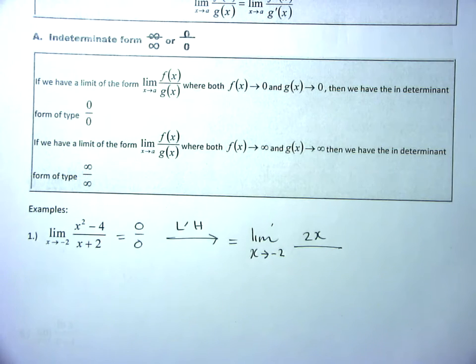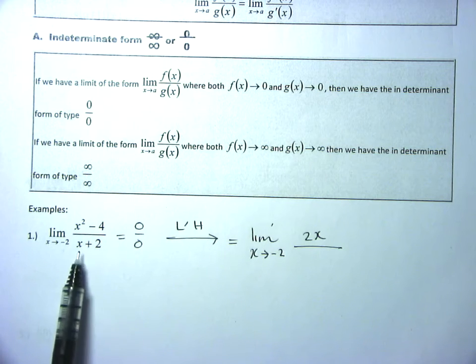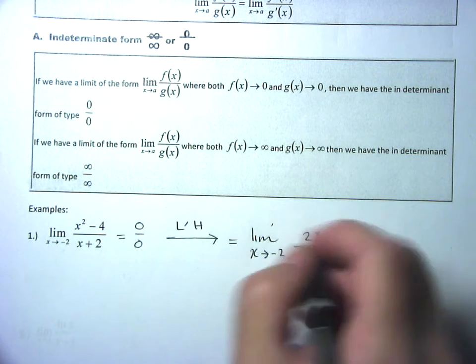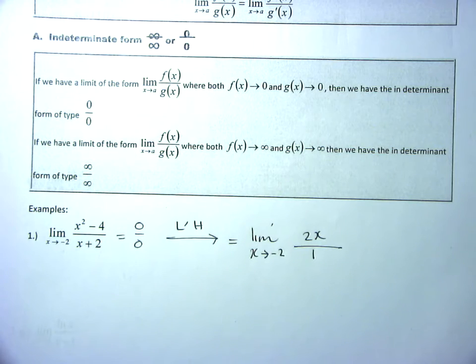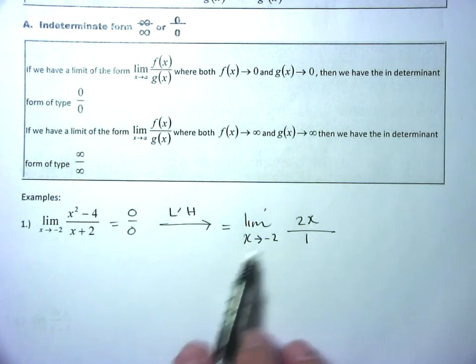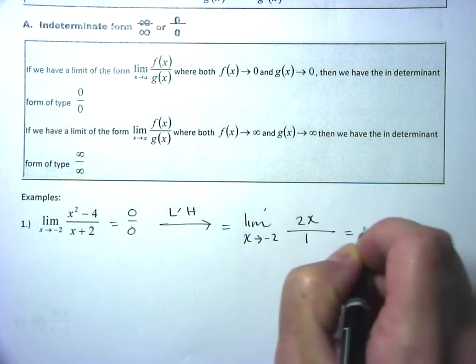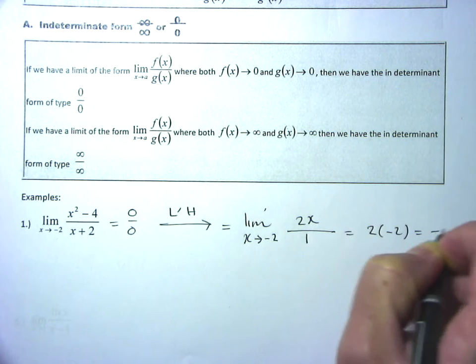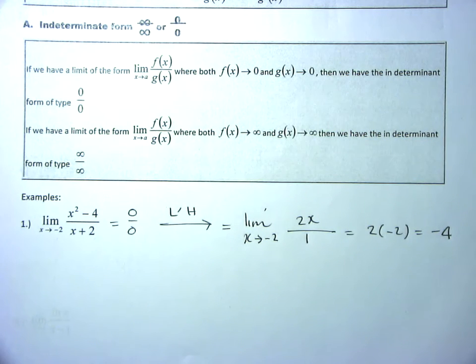It is equal to 2x, divided by the derivative of x plus 2, which is equal to 1. Now we can take the limit again. Plugging in negative 2, this will be equal to 2 times negative 2, which is equal to negative 4. Different method, but you see that I get the same limit.